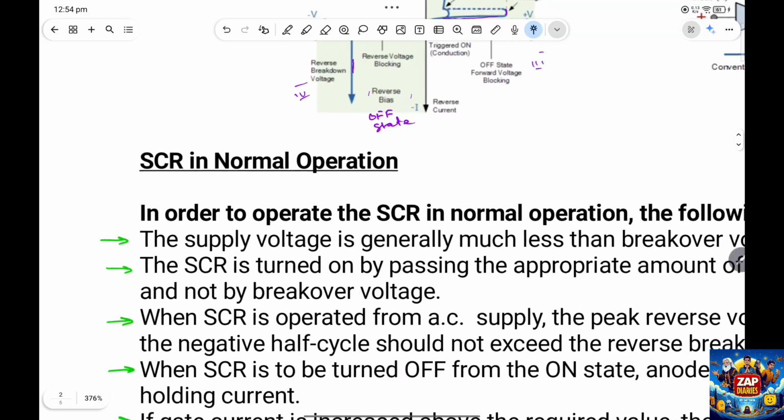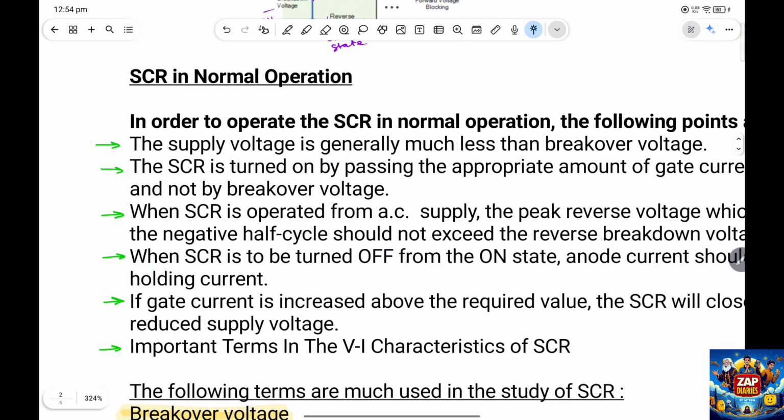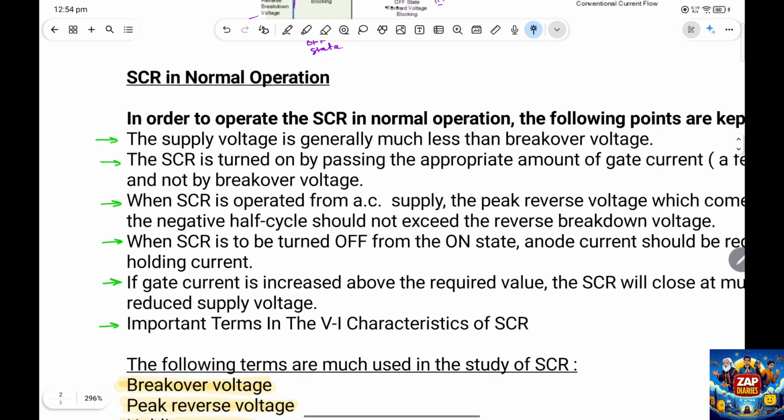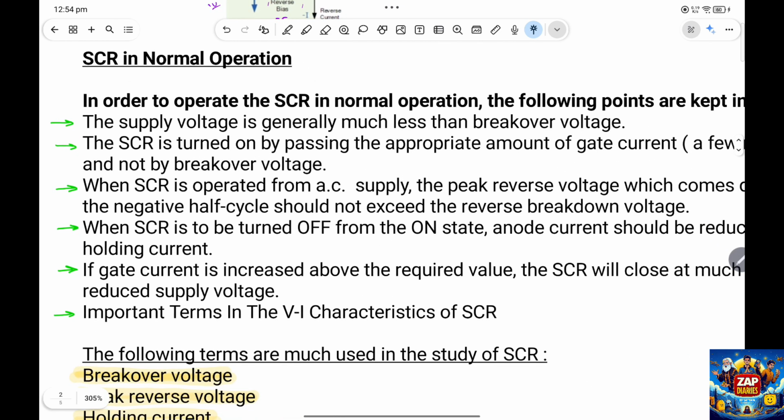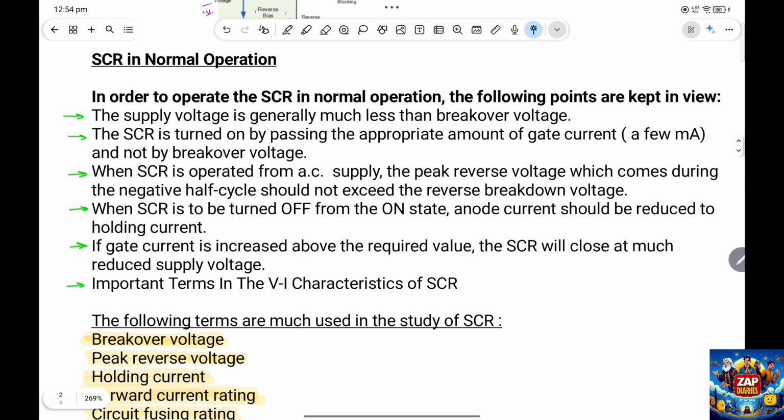Okay, then how does an SCR normally work? Understanding the normal operation of an SCR. In order to operate the SCR in normal operation, the following points which I have made here are to be kept in view. The supply voltage is generally much less than the breakover voltage.